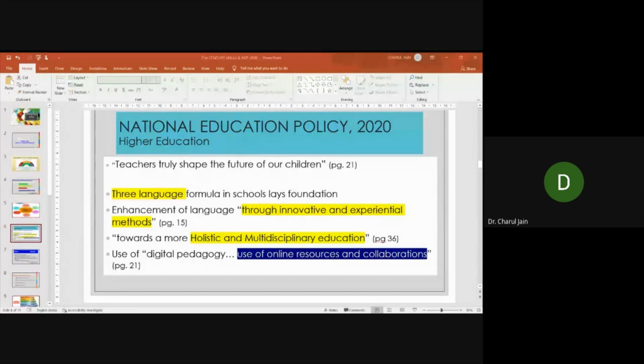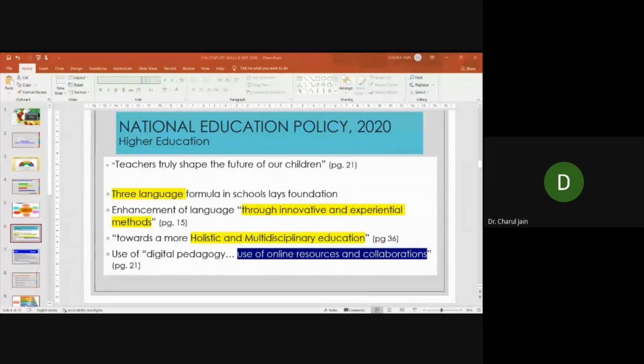Education would have completely collapsed, except for the fact that we were able to shift ourselves completely to the online modes, and we could help our students carry on their education in the last 2 years.